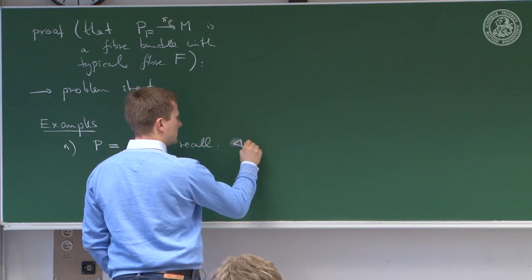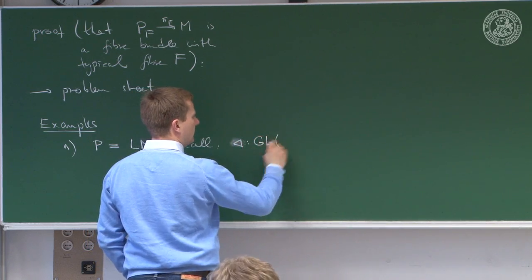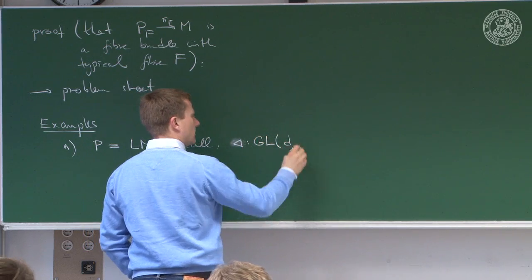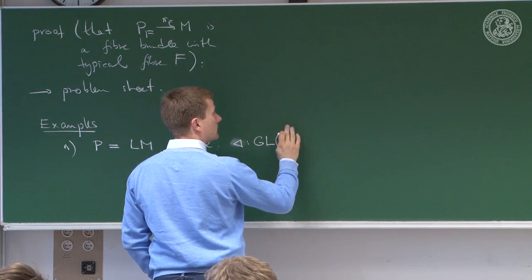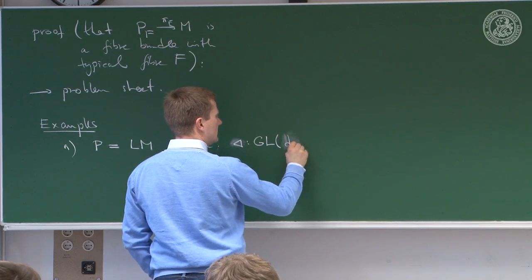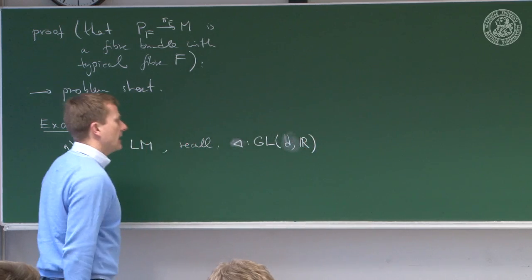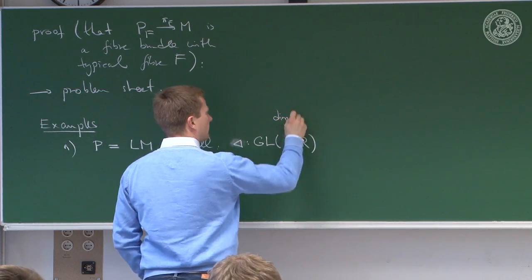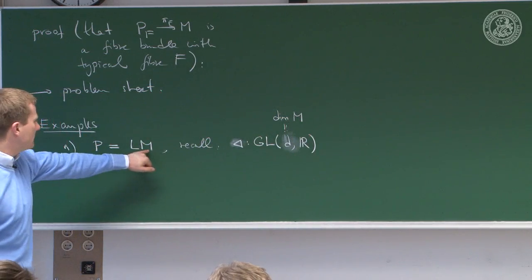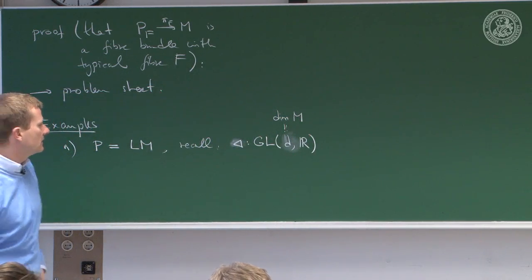You have a right action of GL(D, R), and this D is the dimension of the manifold M, the base space that underlies this frame bundle.